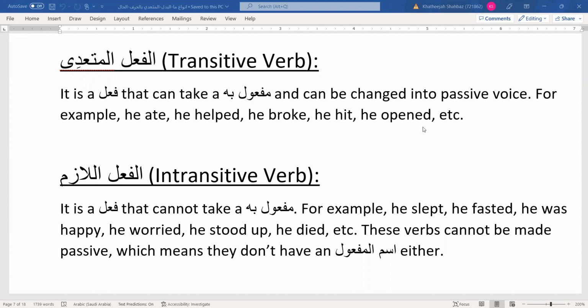For example, he ate. So he ate can generate a question. This is a sentence which can generate a question, who or what. And the answer could be, for example, he ate a banana. And the word a banana is maf'ul bihi.